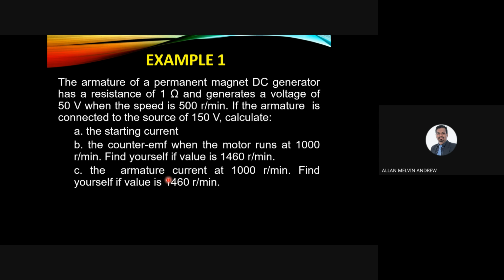Here is the example. The armature of a permanent magnet DC generator has a resistance of 1 ohm, and generates a voltage of 50 volts when the speed is 500 revolutions per minute. If the armature is connected to the source of 150 volts, calculate the starting current.